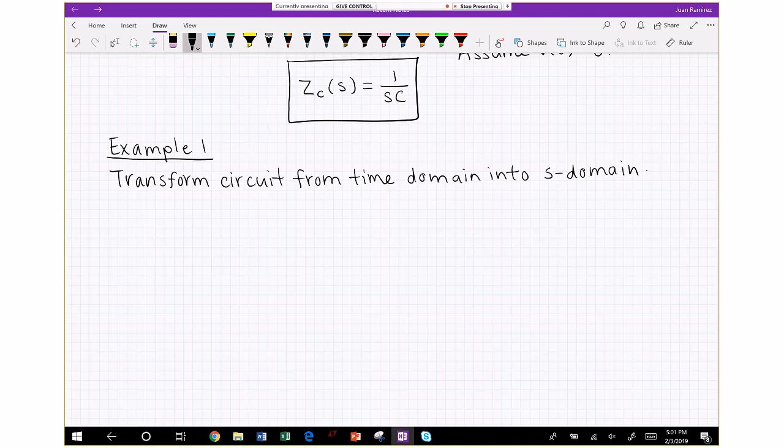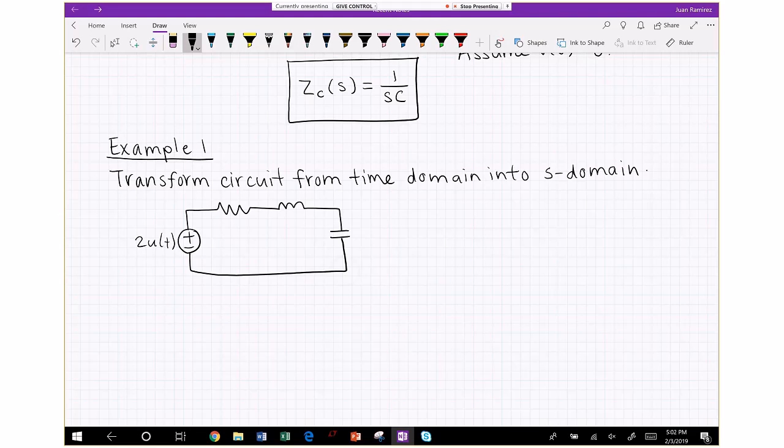Alright, so we're going to draw a series RLC circuit. The input is going to be a step function with an amplitude of 2.